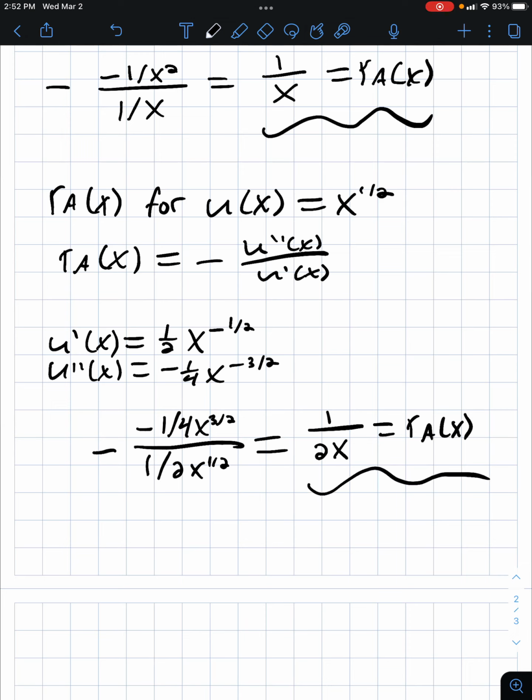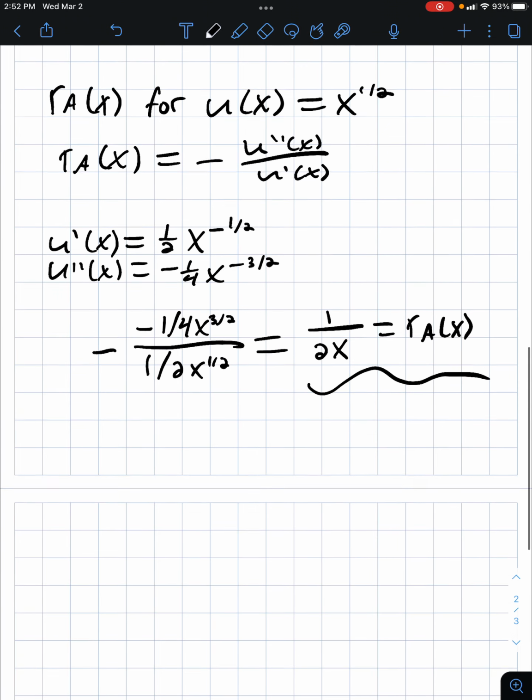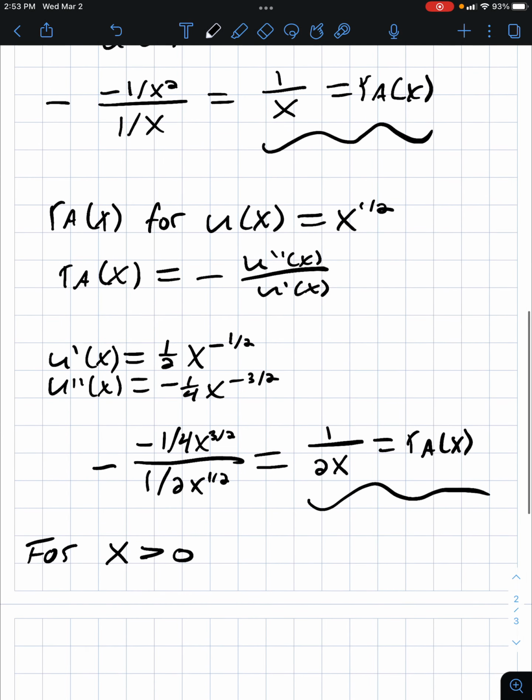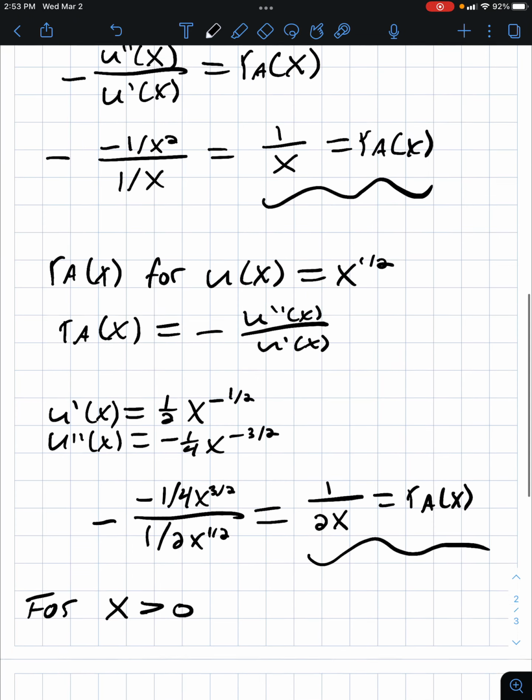Now, we found both ratios. Now, if we have positive x values, so for x greater than 0, which one of these ratios is bigger than the other one? Well, if we plug in 1, 1 is bigger than 1/2. We plug in 2, 1/2 is bigger than 1/4.